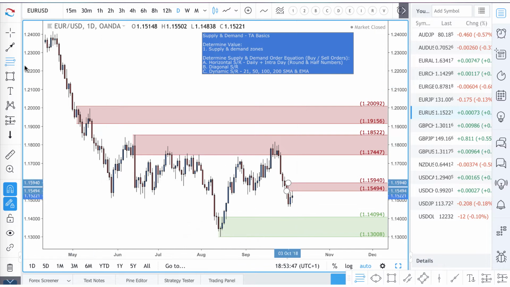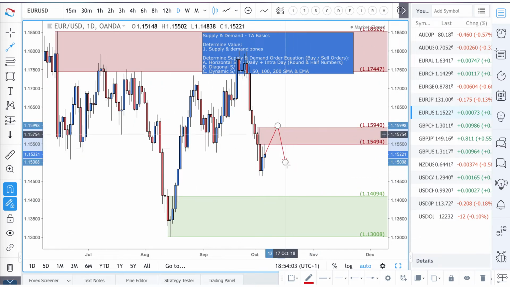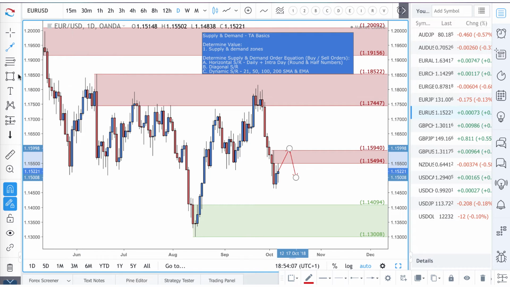And then we've bounced off the underside of that. If this week prices do come up higher into this zone, maybe even around the 1.16 area, and get some decent price action, look for a shorting opportunity within this supply zone. This will be a decent area as well.